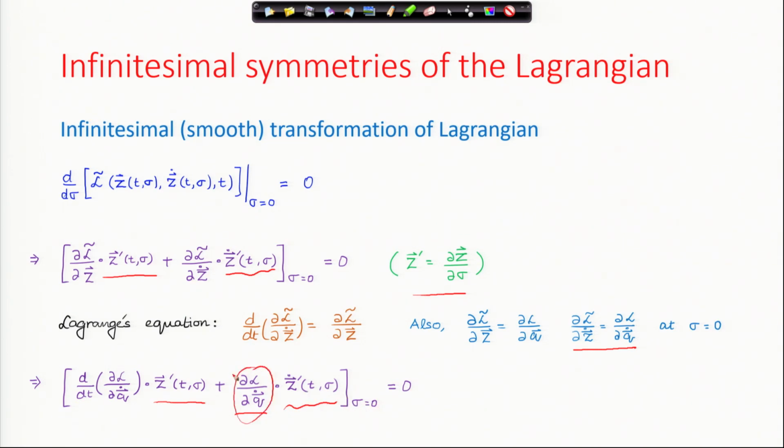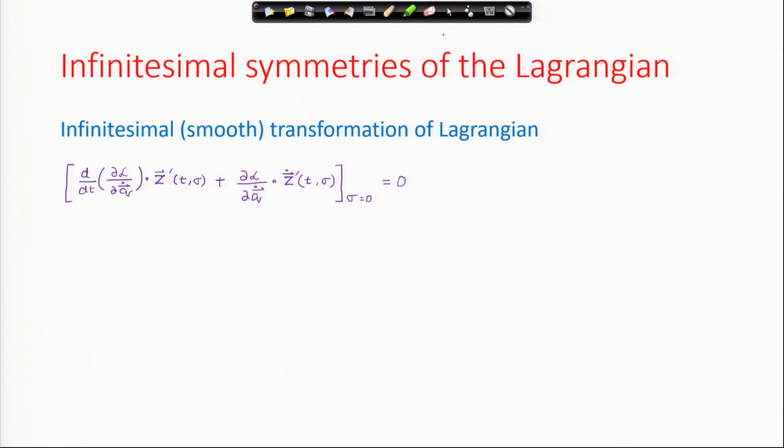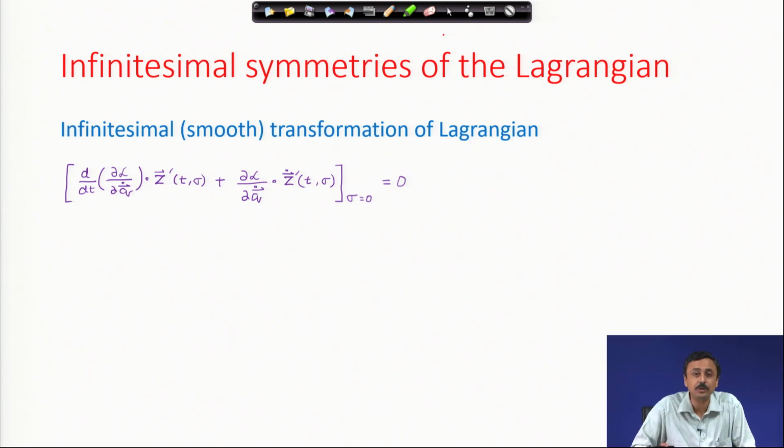Here I have already taken sigma equal to 0 in these terms, it remains only here, there I will put sigma equal to 0. So, the whole expression must be equal to 0 because of the symmetry.